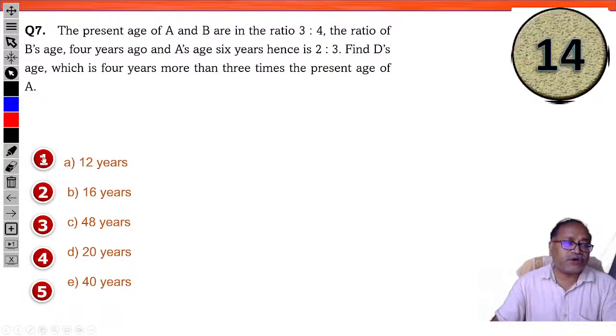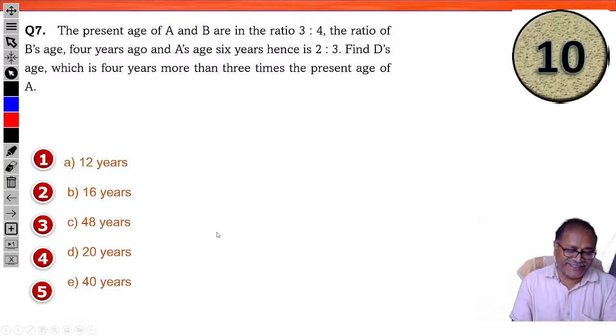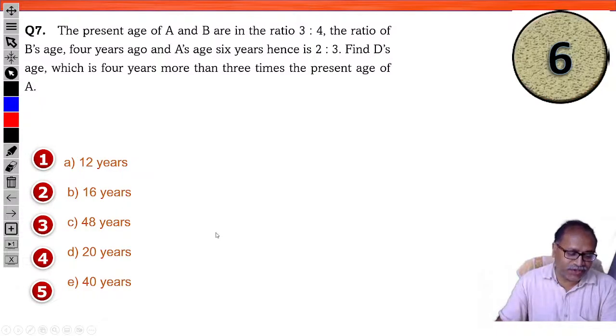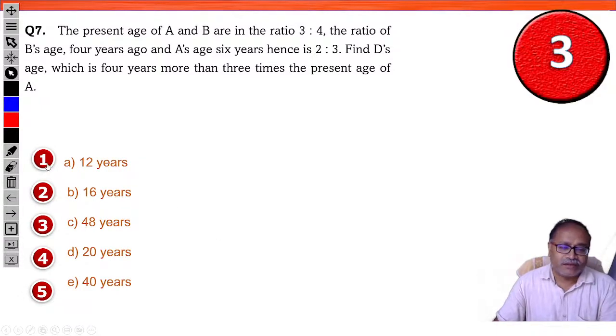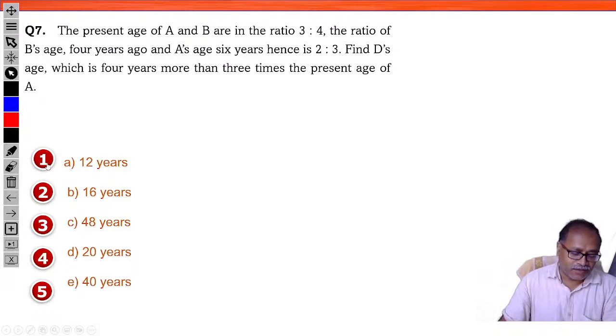Oh, Nilambar says option 1. No. No, Nilambar. Anusha is also saying option A. How is it? Option A. No. Time is over. So allow me to answer the question.